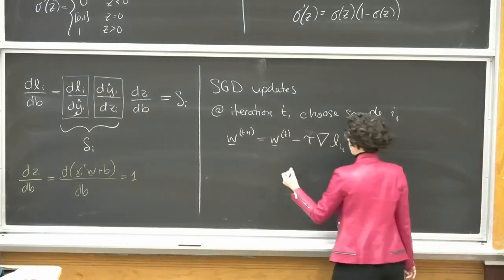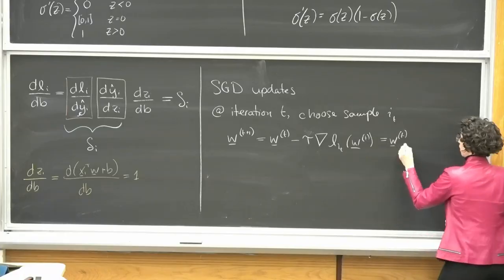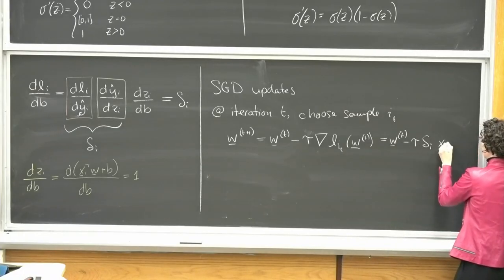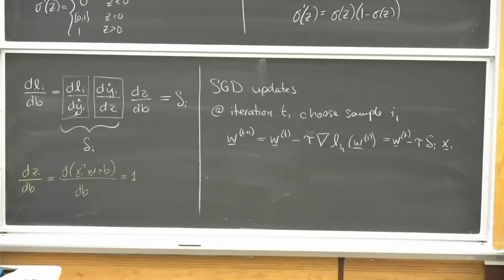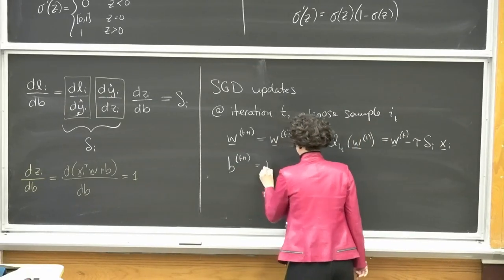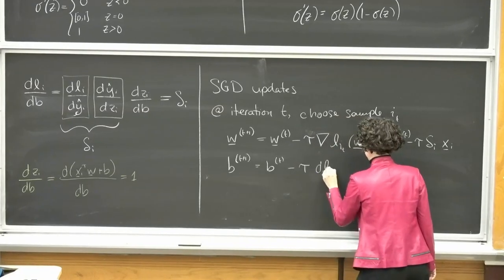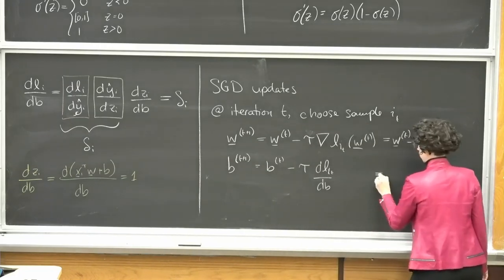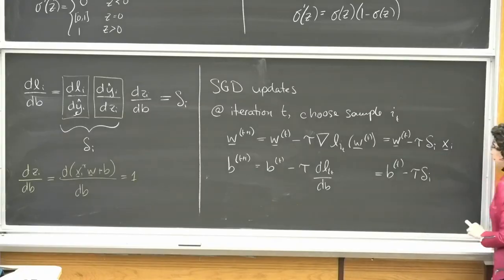And what we just derived is that this is equal to wt minus tau delta i times the vector xi. And our new bias, b at time t plus 1, is going to be b at iteration t minus tau times the derivative of L i sub t with respect to b, which we just derived would be bt minus tau delta i.